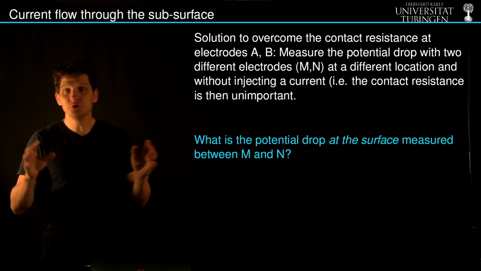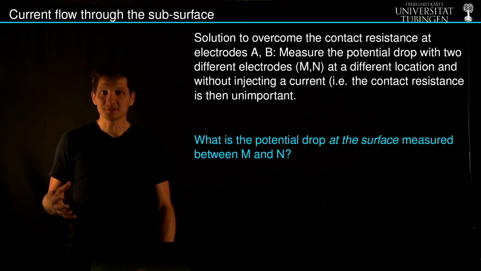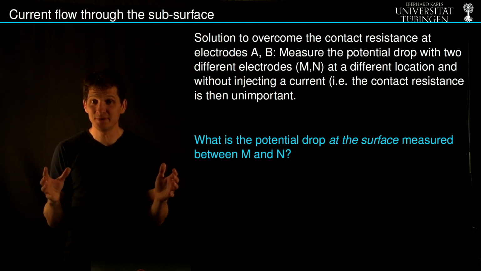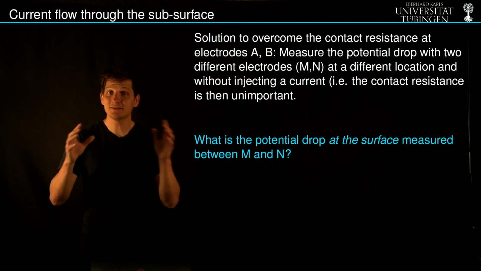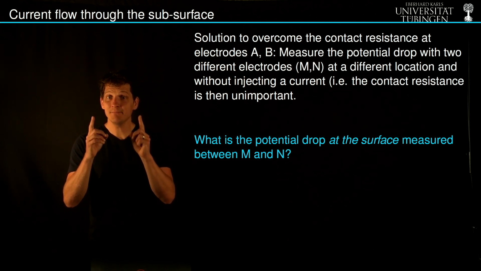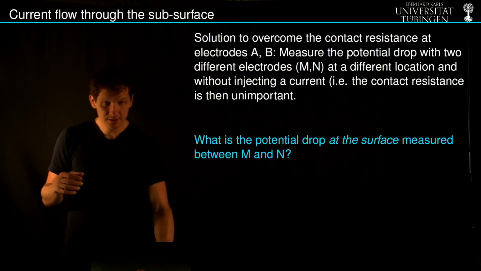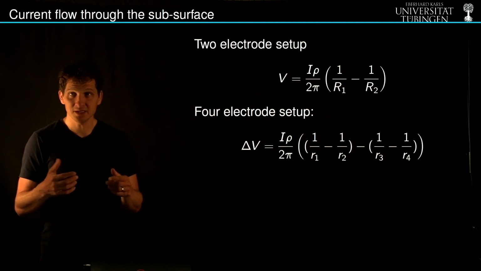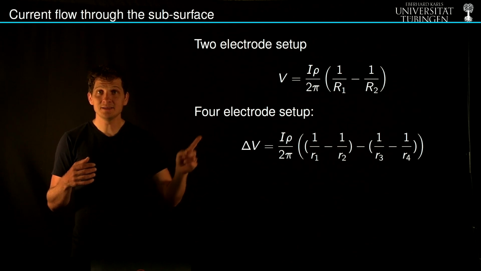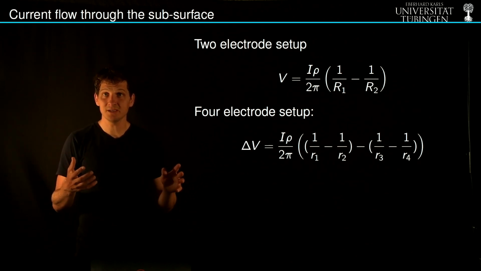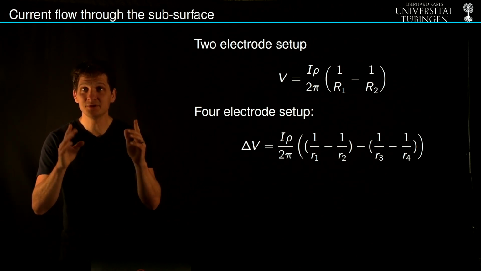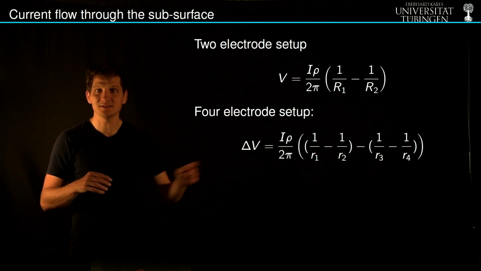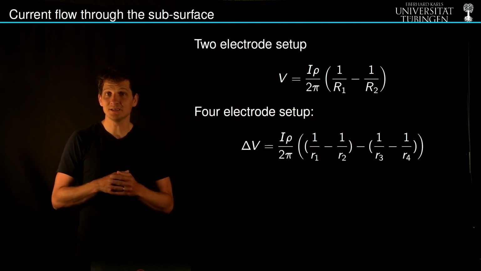Now we need to use our general solution of the potential field between the two electrodes and evaluate the differences at the points M and N at the surface. So up here is our general solution, and then this is the evaluation of this potential as a difference between the locations M and N, and this results here in this double differencing.